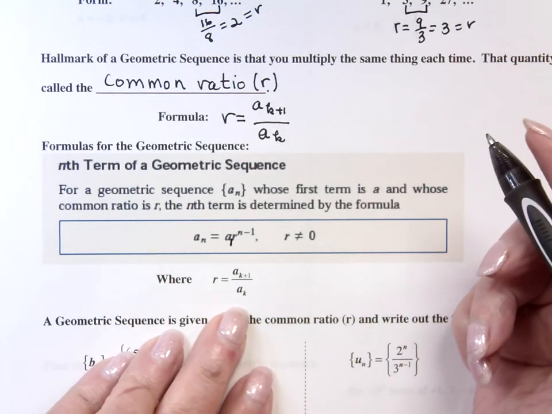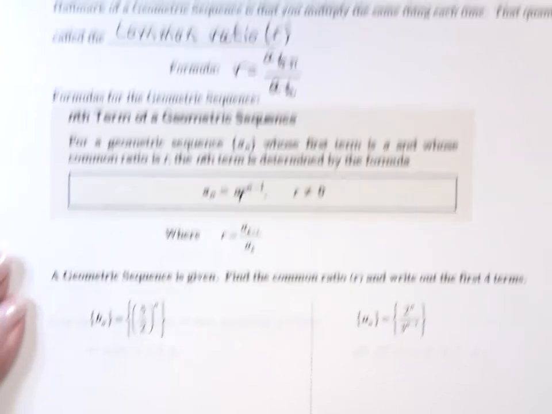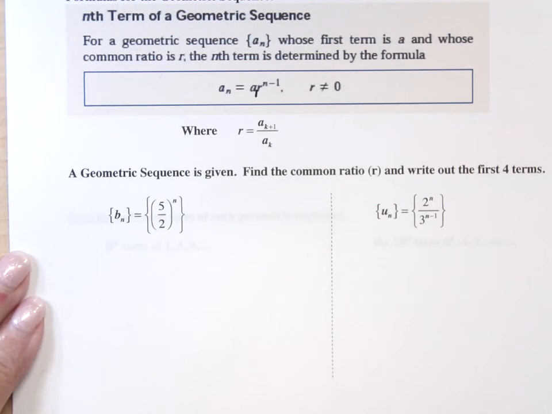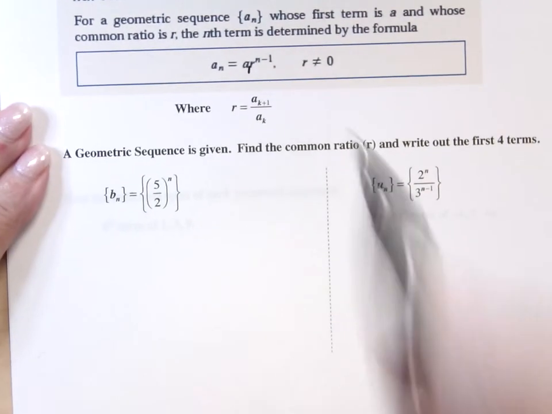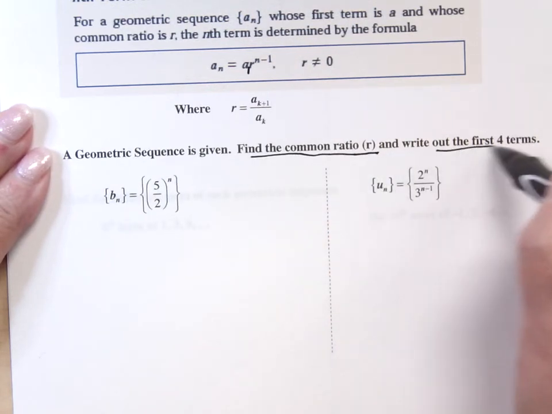Where R is a sub k plus 1 divided by a sub k. So we're going to do the same thing that we did yesterday, only now with the geometric: find the common ratio R and write out the first 4 terms.